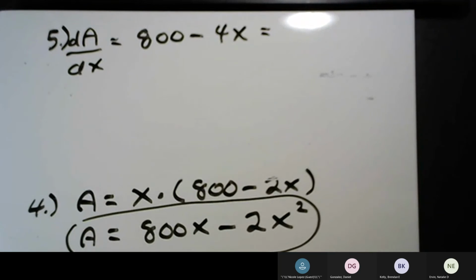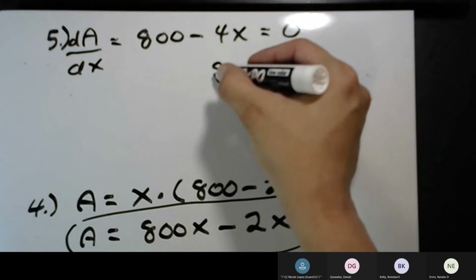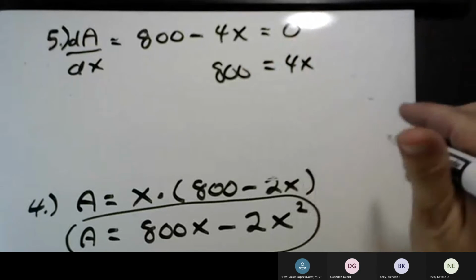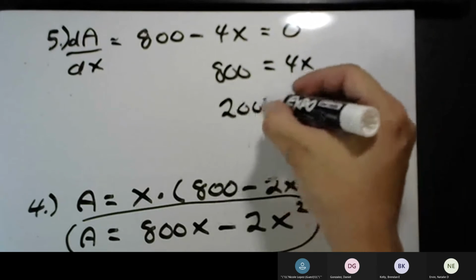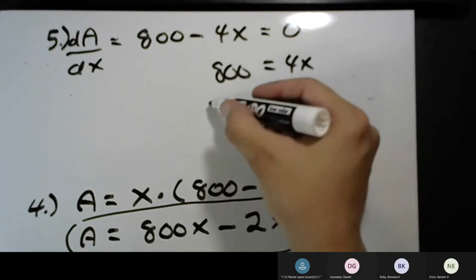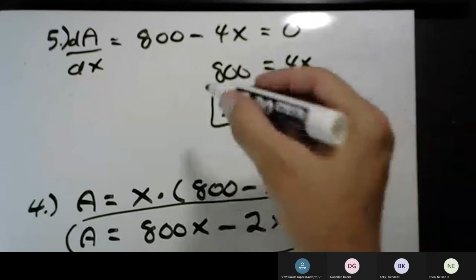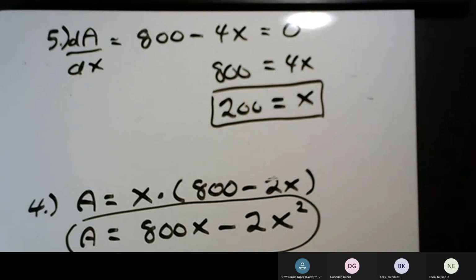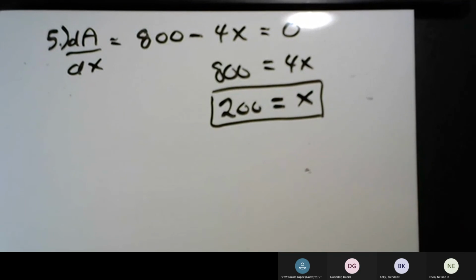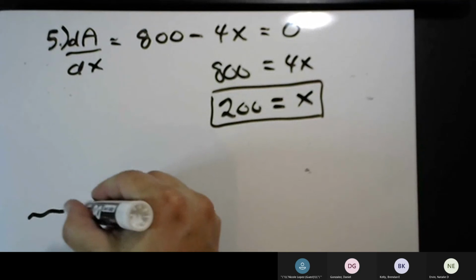There's no square roots to worry about. So we'll just set it equal to 0. And then we can solve for x. And we'll get 200 is equal to x.